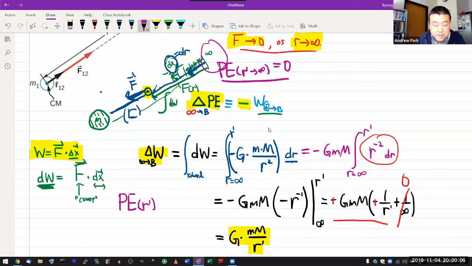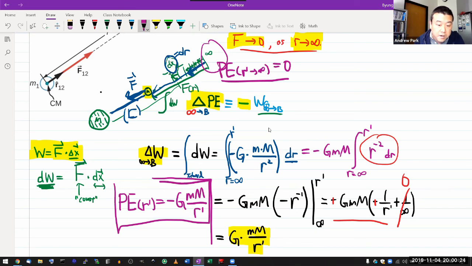That's what using that universal reference point means. The potential energy at r prime is the negative of that quantity: minus G m over r prime. This is the expression for the gravitational potential energy.